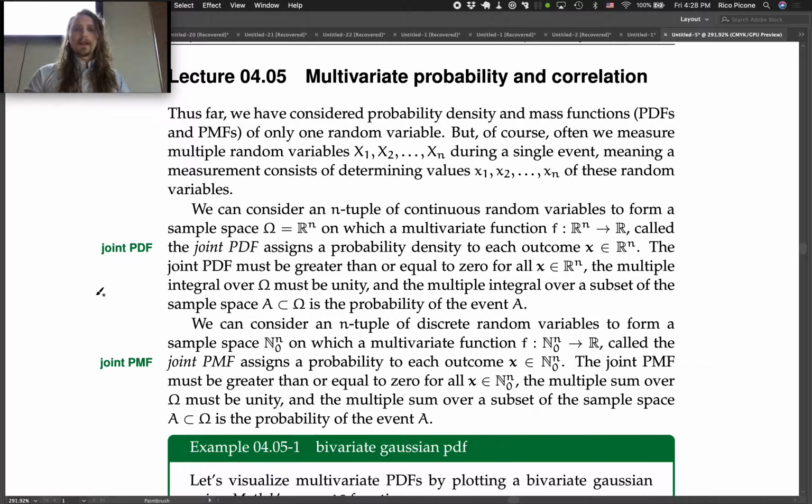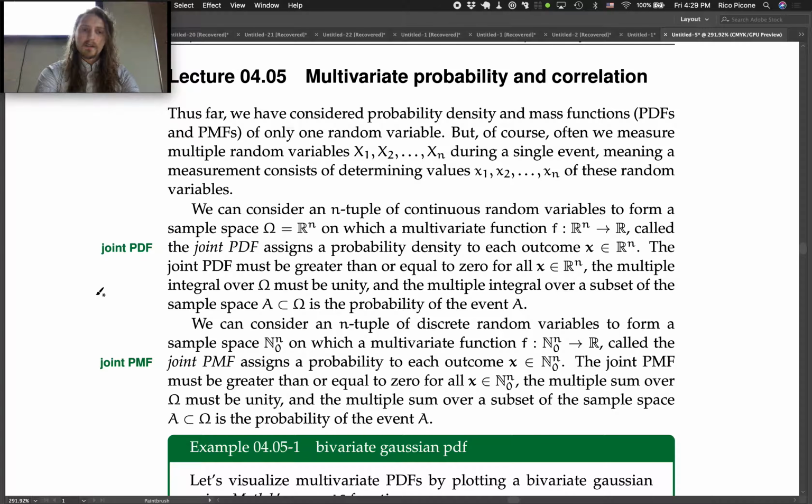We can consider an n-tuple of discrete random variables to form a sample space on which a multivariate function, called the joint probability mass function, assigns a probability to each outcome in the indexed space.